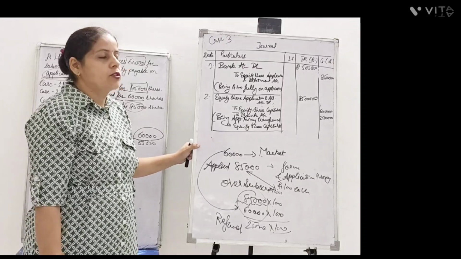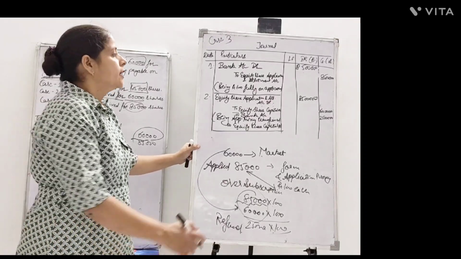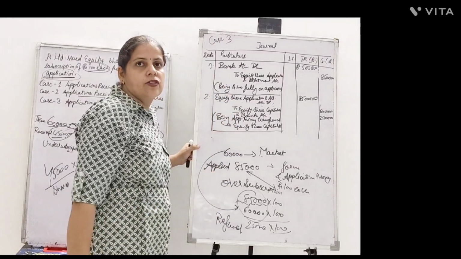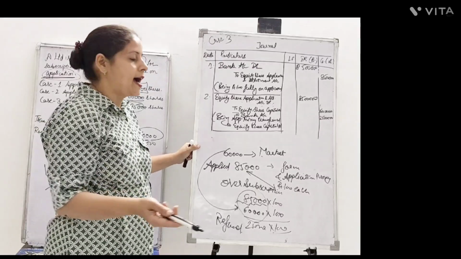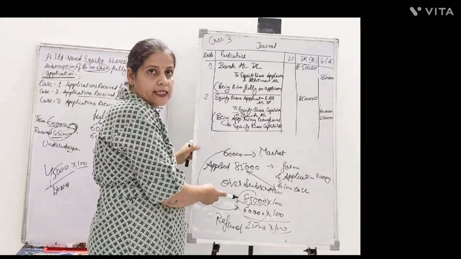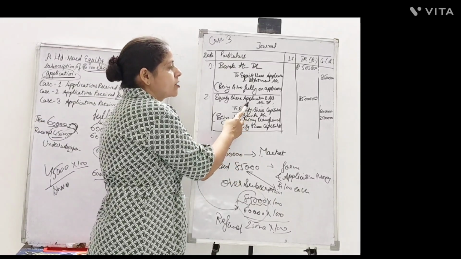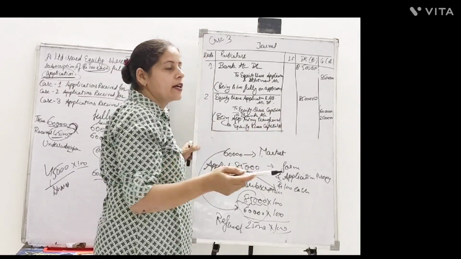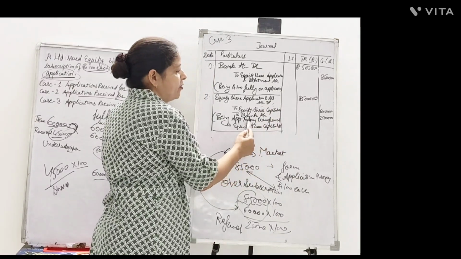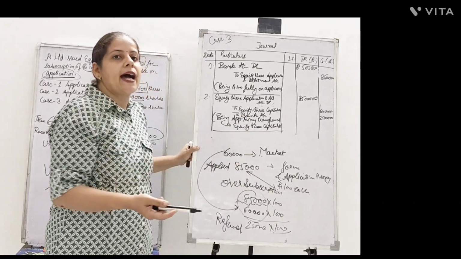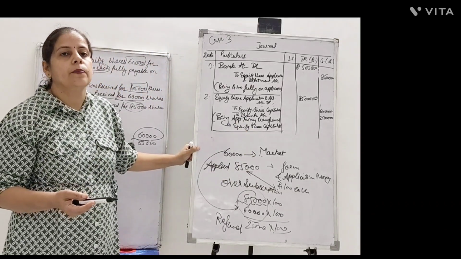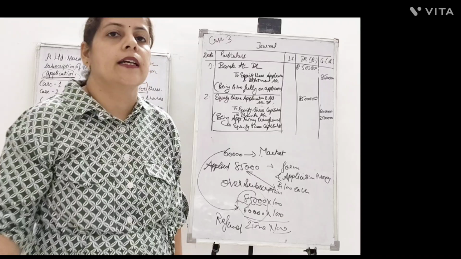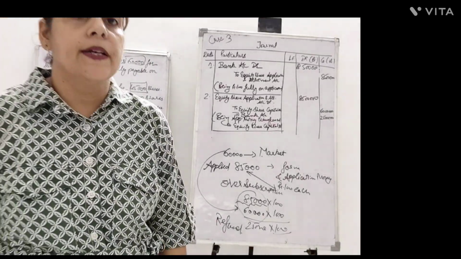So in this case of oversubscription, the first entry is passed with the applications actually received, but in the second entry we adjust with what we can actually allot, and the rest is given as a refund. When we give back the money, the bank account would be credited because money is going out of the business, right?